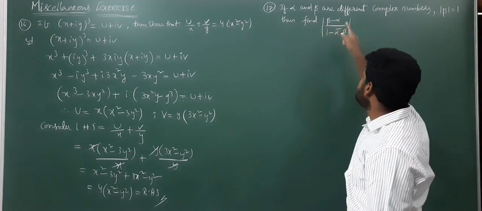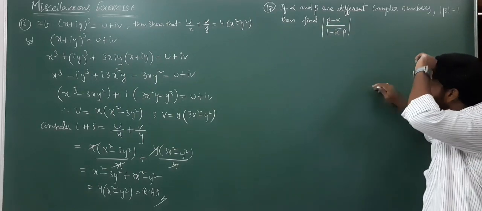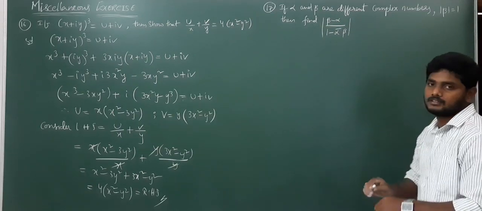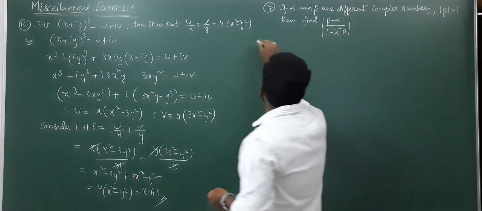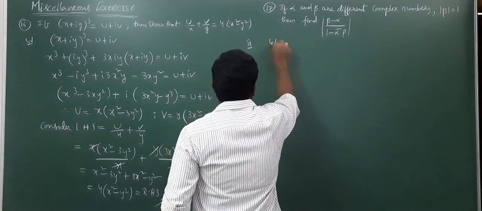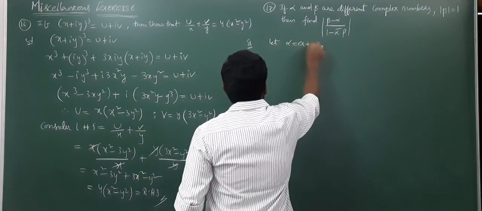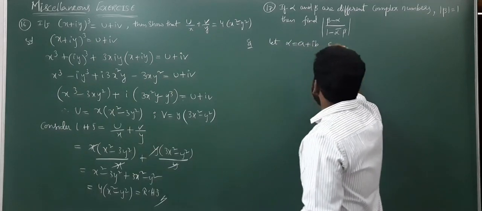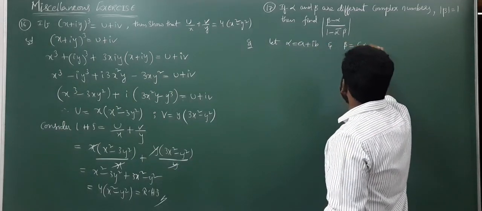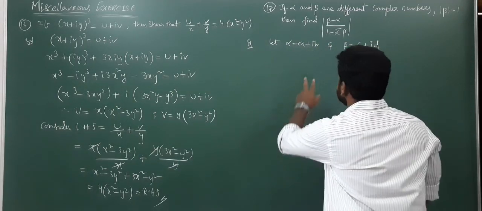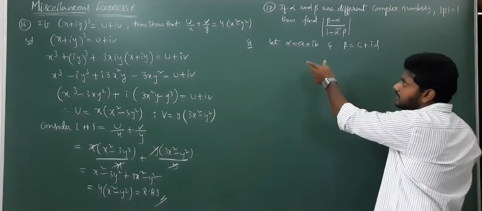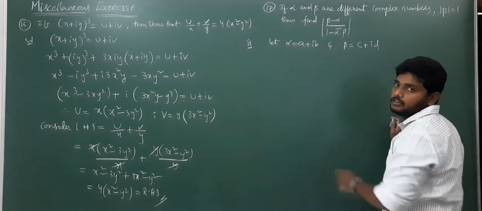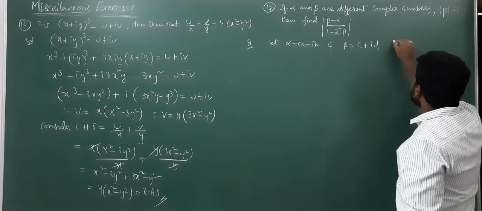They said alpha and beta are not just numbers, alpha and beta are different complex numbers. Different complex numbers means I will consider, let alpha be equal to a plus ib and beta be equal to c plus id. As they said, different complex numbers, they have considered two different forms. And what is given?